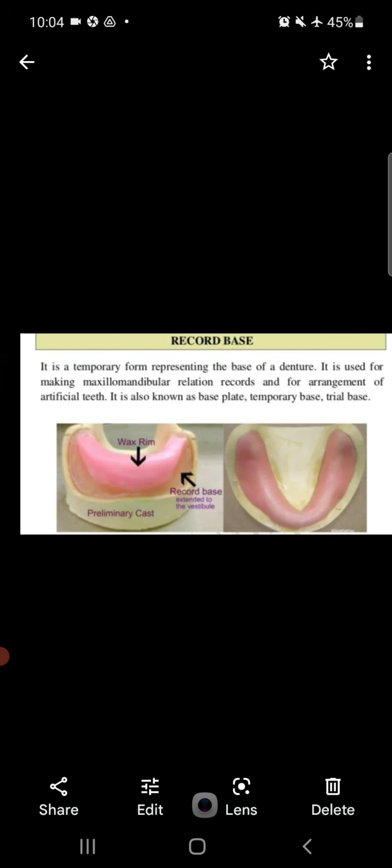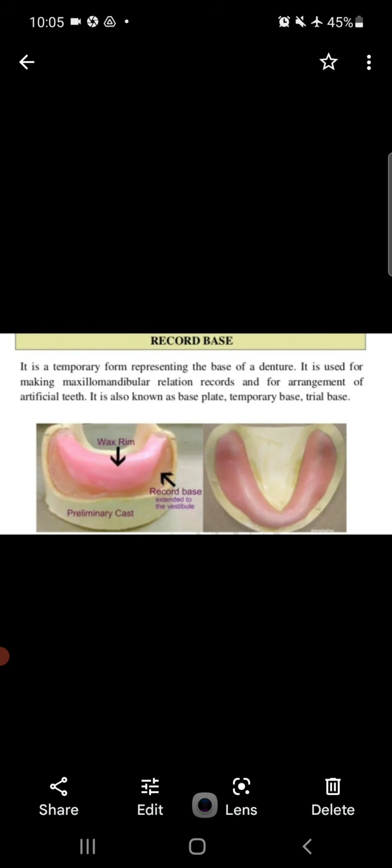Third, the extent and the shape of the borders and fitness should resemble a finished denture. It should resemble a finished final denture. The extent which is covered by the denture base and the shape of the borders, meaning the border extension shape, and the fitness, meaning retention and stability, should resemble a finished denture.